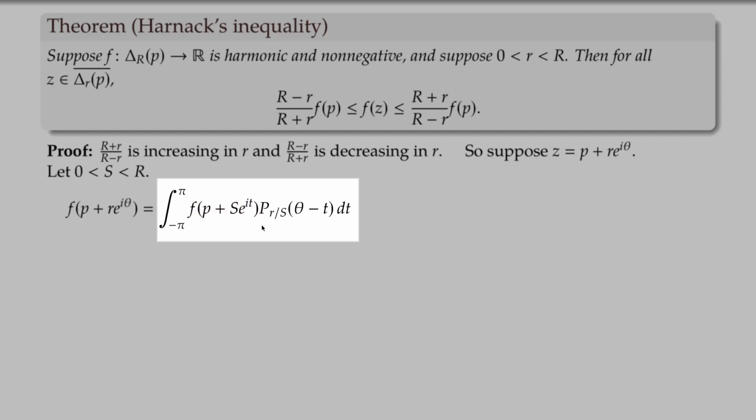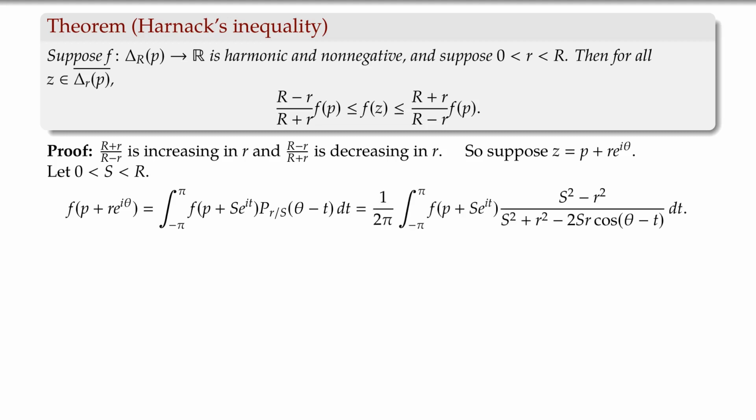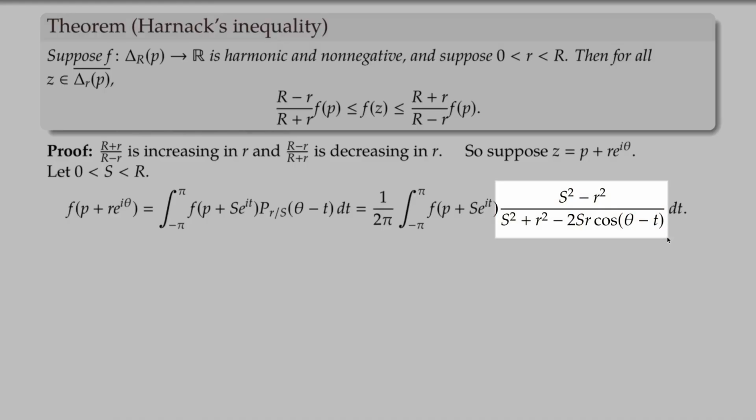So this is just plugging into the Poisson integral. Well, let's rewrite the Poisson kernel. Let's actually put a formula up. So we have this formula for the Poisson kernel.